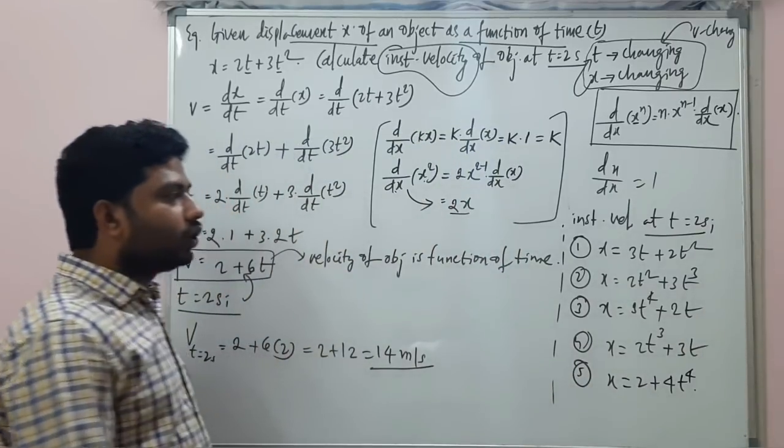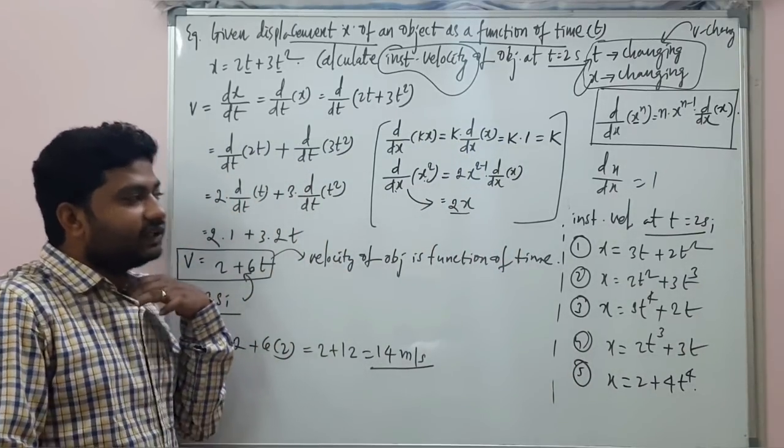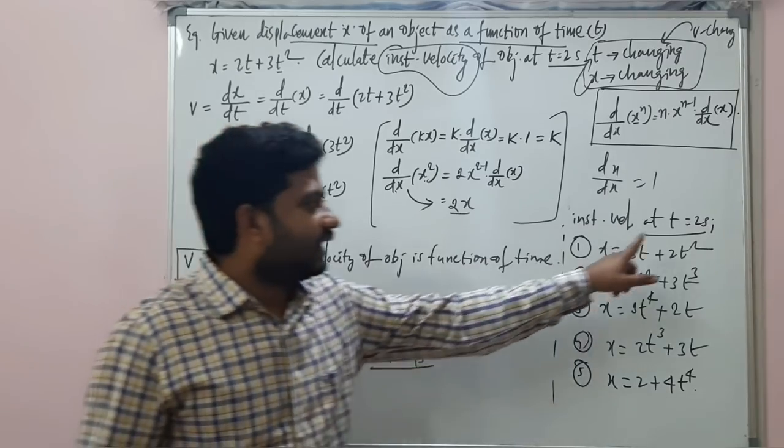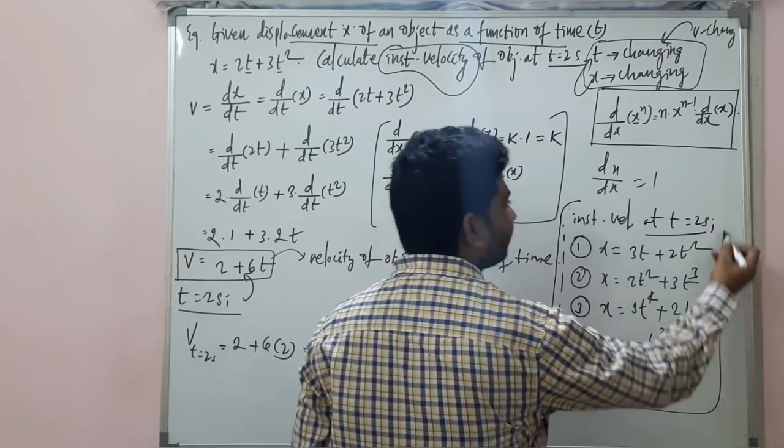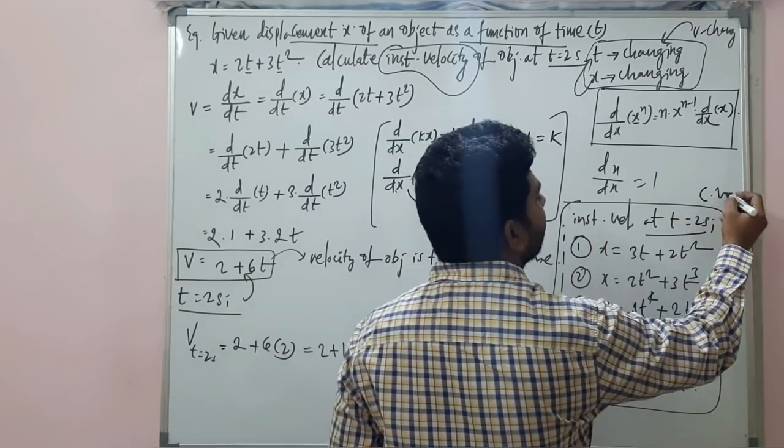In all these cases, you can find the instantaneous velocity at t equal to 2 seconds. This is the class work, my dear students.